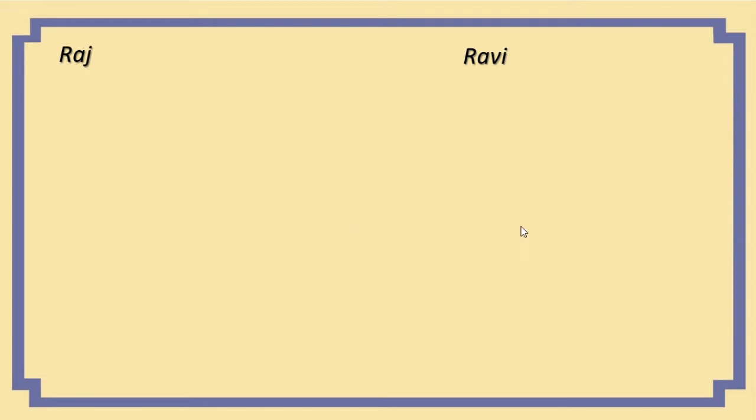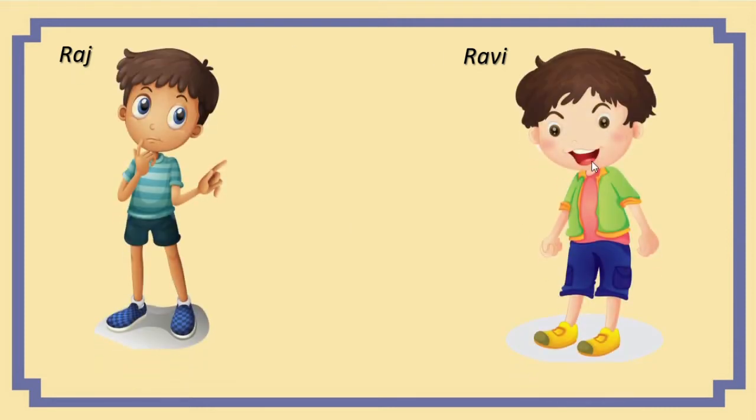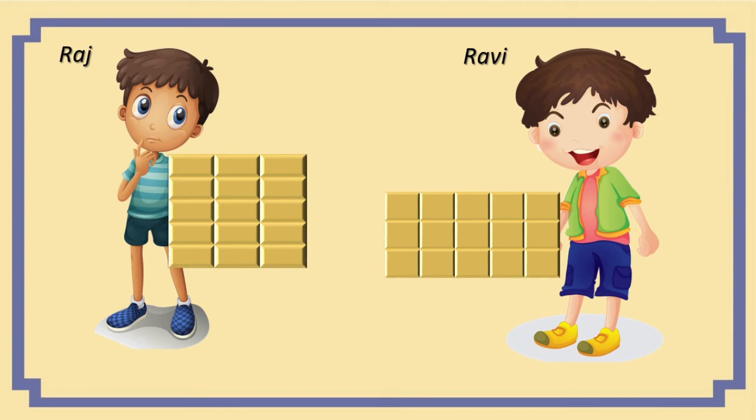Here you can see two children named Raj and Ravi. Okay, both of them have chocolates, like this Dairy Milk or Cadbury. Now here Raj is telling that my chocolate is bigger than yours, and Ravi said that mine is bigger than yours.